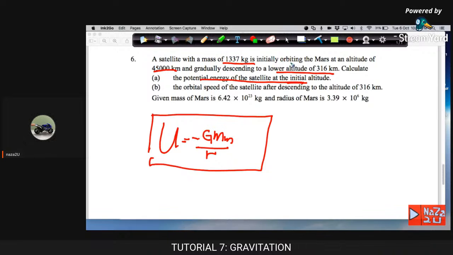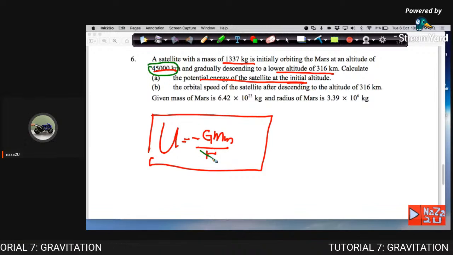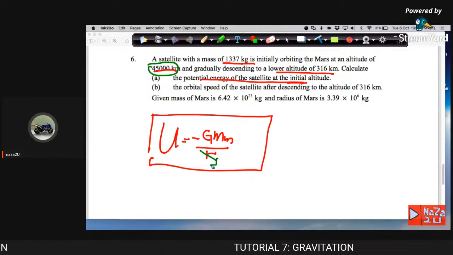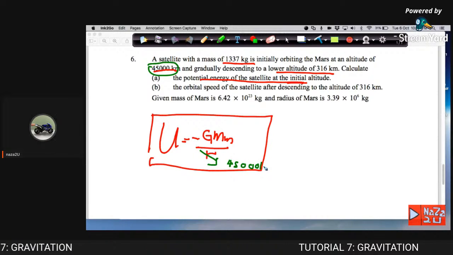Okay. In the initial altitude, maksudnya kedudukan asal dia di mana? Pada kedudukan 45,000 km. So the radius here is equal to 45,000 km.